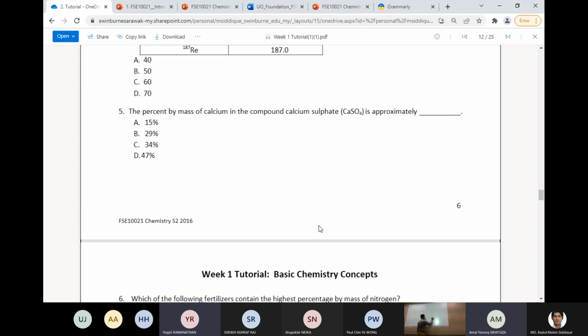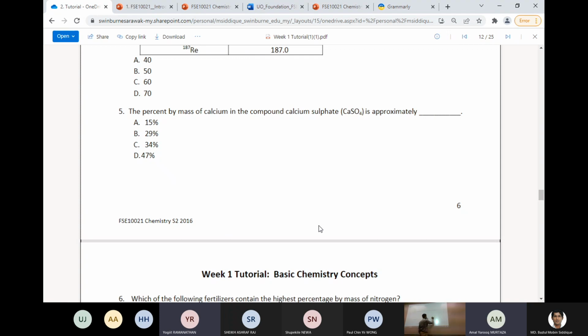Exactly, good. So this is calcium over calcium sulfate, times 100%. This will be the formula. It is for calcium; if it is another element, it works the same way.